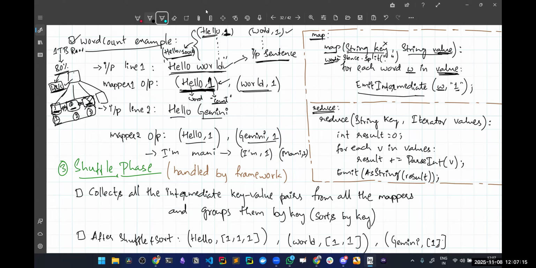So the next phase, handled again by the MapReduce framework, is the shuffle phase. Let me give you some context here. If you have a four node cluster, not every single node will be a mapper node. We will run our map on 90-95 percent of nodes, so that our job is running in parallel, but we will reserve one or two nodes in our cluster for the reduce job.